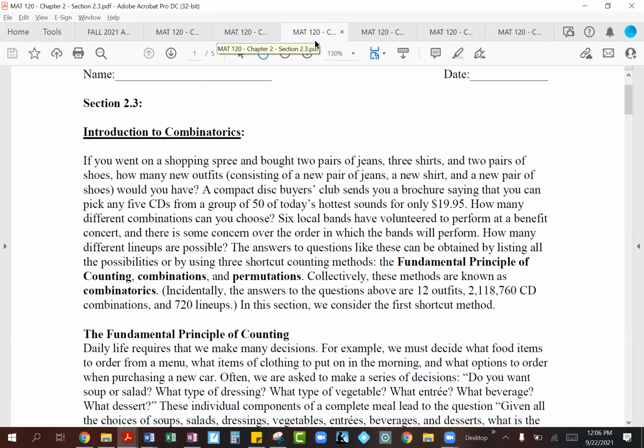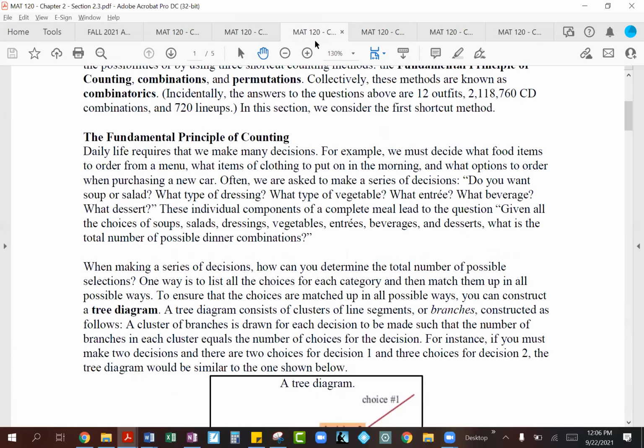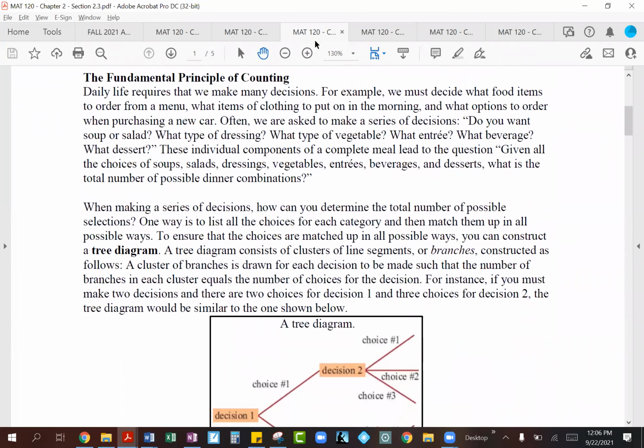Again, like I said, we're not going to be spending too much time. I just want you to get a basic understanding of how to do different types of calculations, so that when we get into chapter 3, you will see the use for these different counting techniques.